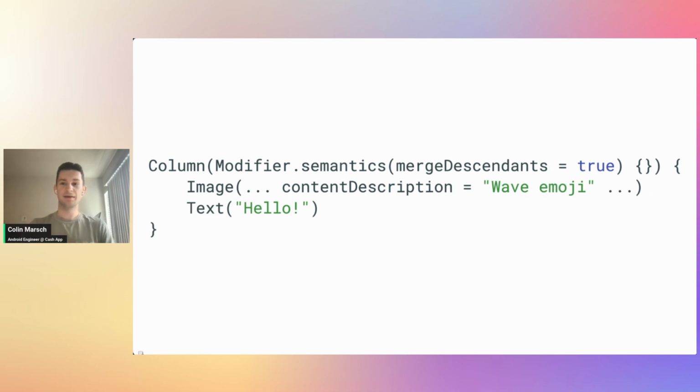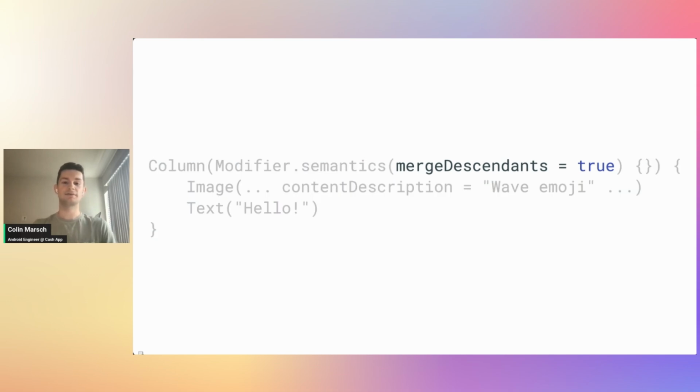So this would be okay, but from the context here, it seems that these two UI elements are related, and we probably want to group them together, as that'll provide more context for the customer to hear that all as one unit. So on the parent of these two elements, the column in this case, we could enable the merge descendants flag.